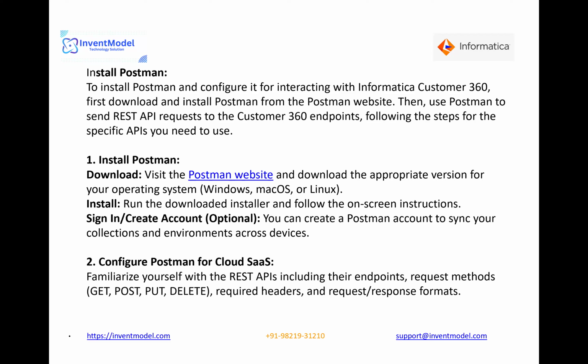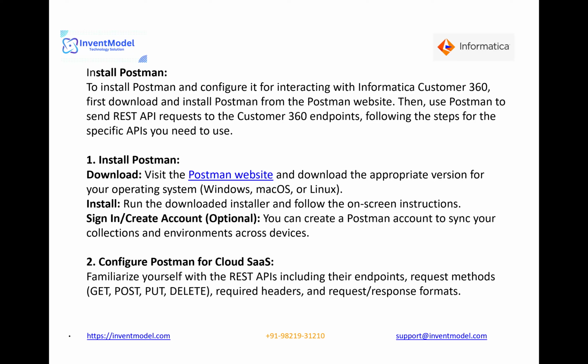So first is download. We can download Postman from the Postman website. Based on our requirement, if it is for Linux, we can use the Linux installer, or if it is macOS or Windows.